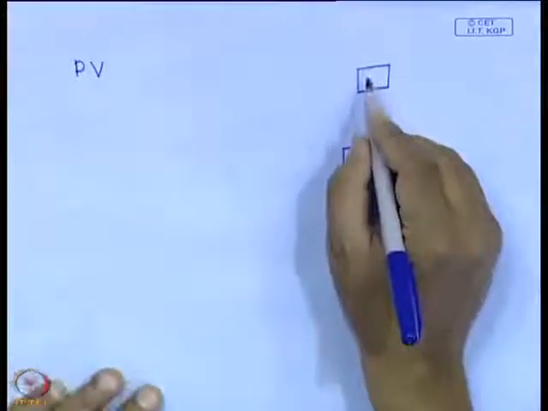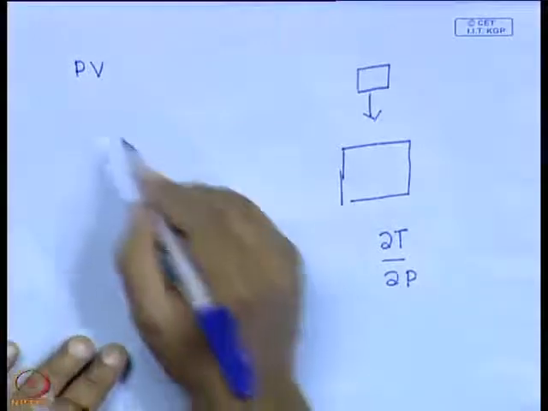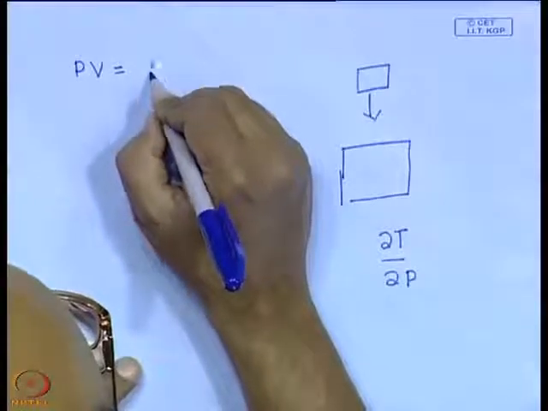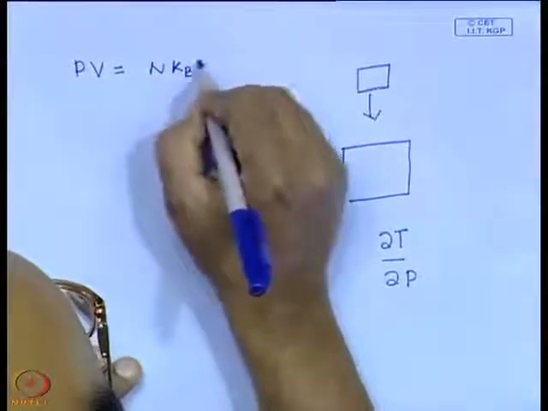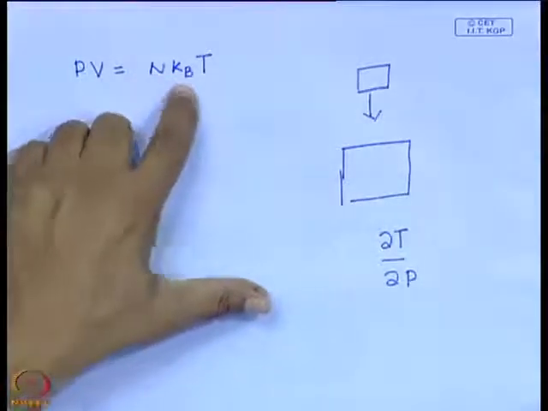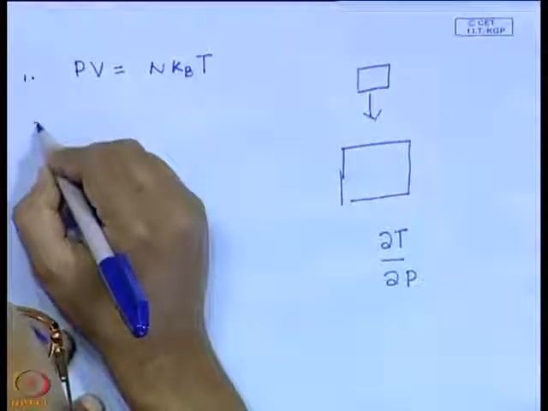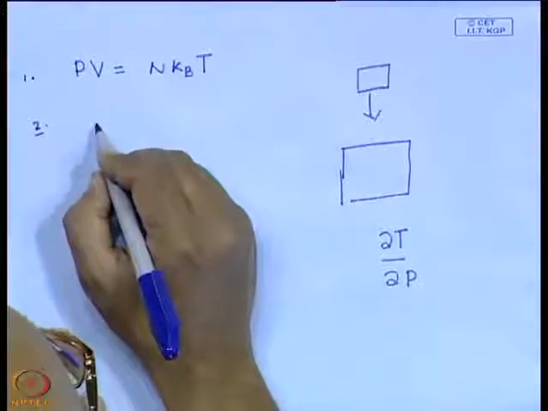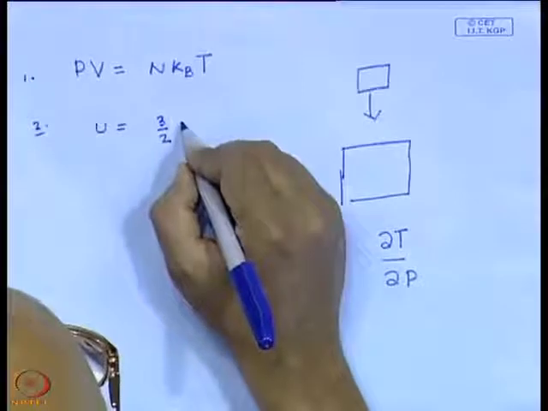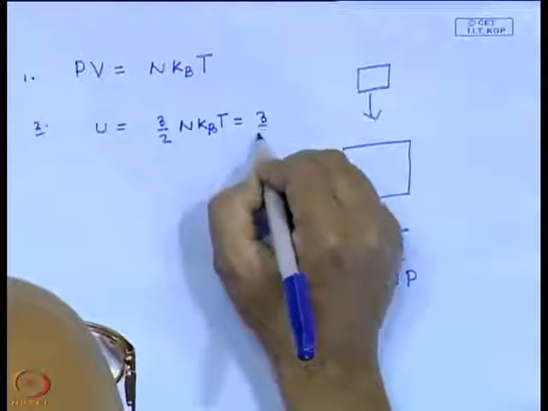And the state of the gas, we know the gas satisfies an equation of state that PV is equal to N KB T. N is the number of particles, KB is the Boltzmann constant, T is the temperature. Okay. And we also know that the internal energy of the gas U is 3/2 N KB T, which we can also write as 3/2 into PV.